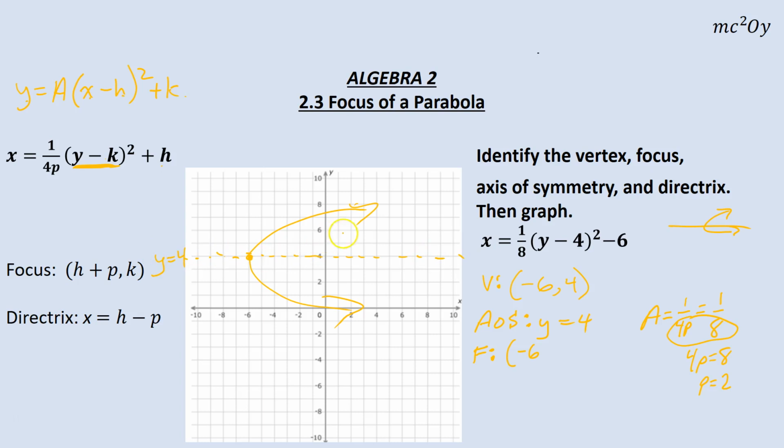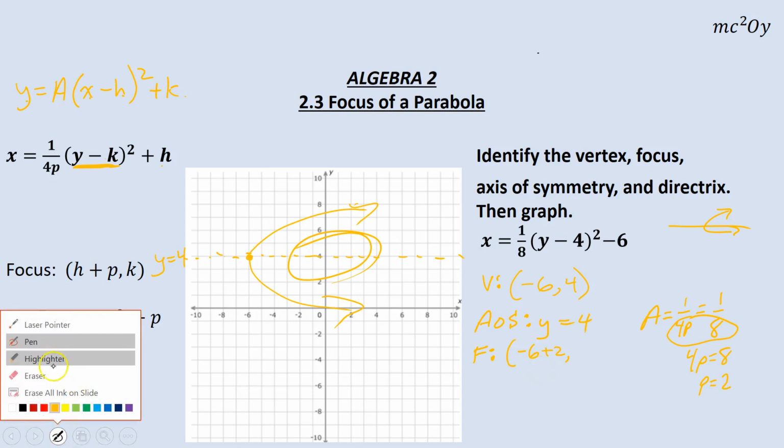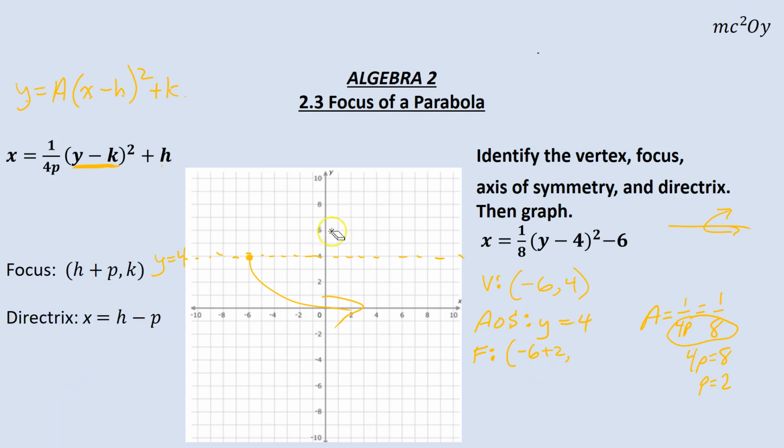My focus is going to be in here somewhere. Okay, so it's actually sliding this way, so it's actually going -6 plus my p term, plus 2. So that's why I sketched that in real quick just so you can see that. Now this stuff is not accurate. Okay, so that's my vertex.